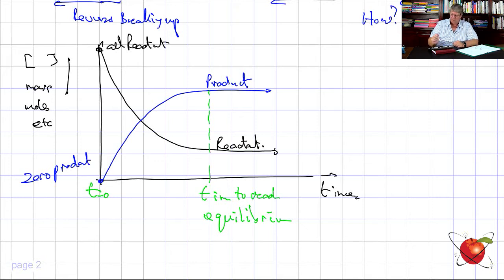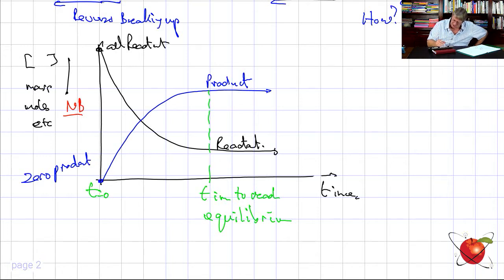After a while, now please note, I'm going to do it in red. NB. Look at what we are reading off here. We're reading a concentration or a mass or moles, which means the number of moles has dropped.